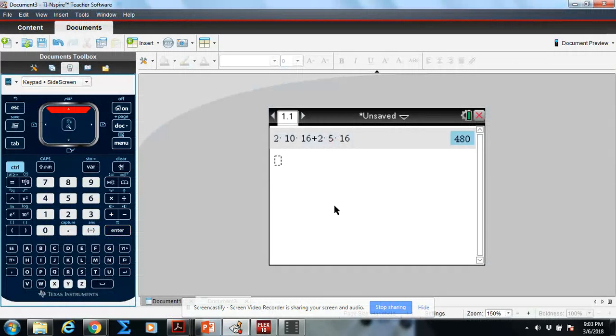If you notice right here, guys, we already have from the lateral area most of this formula. So I'm highlighting it and hitting enter, and it drops it down into the next field. So I already have the 2 times 10 times 16 plus the 2 times 5 times 16. I just need to add in the 2 times 10 times 5. This would be the 2 bases added on. Okay. I'm getting 580.